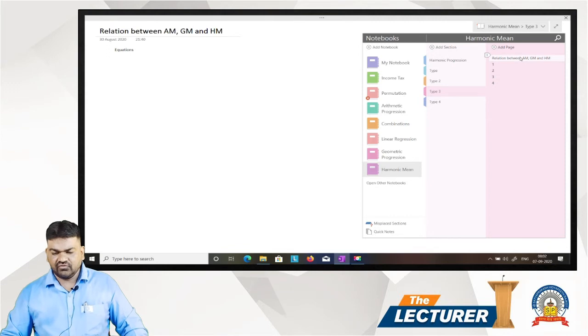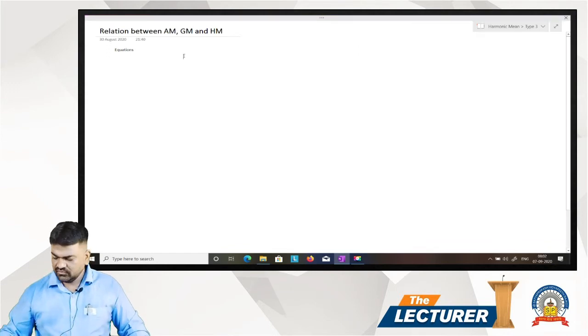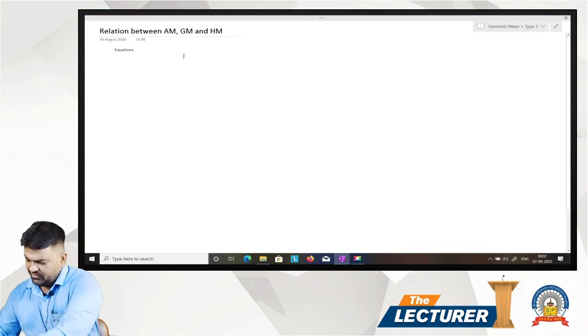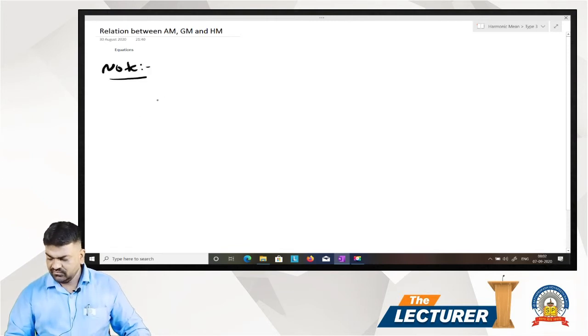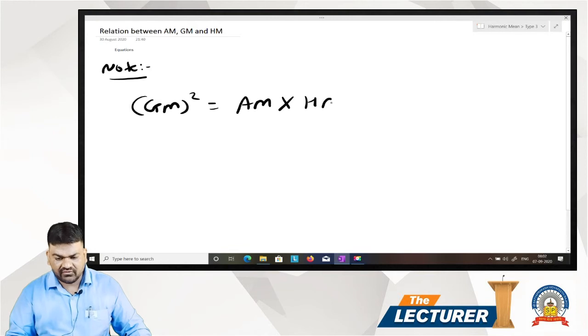Relation between AM, GM and HM. First of all, note the relation: GM square is equal to AM multiplied by HM.